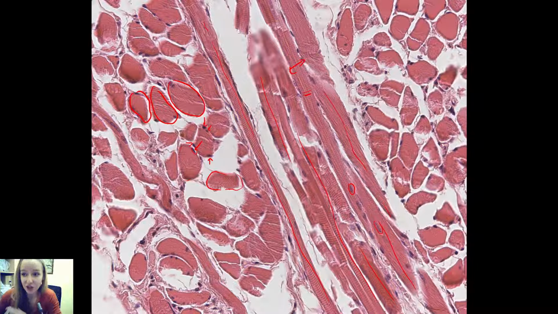Just remember, look for the cross sections, because there you can clearly see that the nuclei are on the periphery. That's the common sign to recognize muscle fibers. So these are the muscle fibers, a big syncytium, a multinucleated structure.